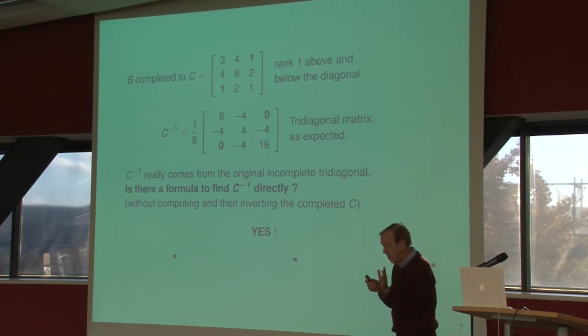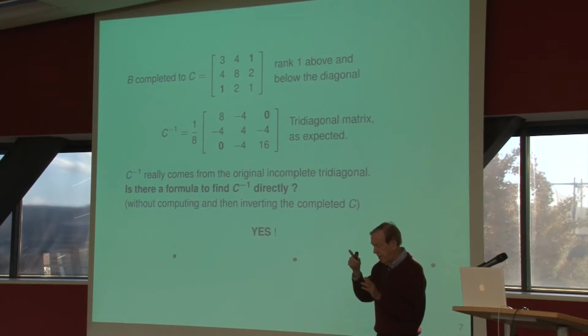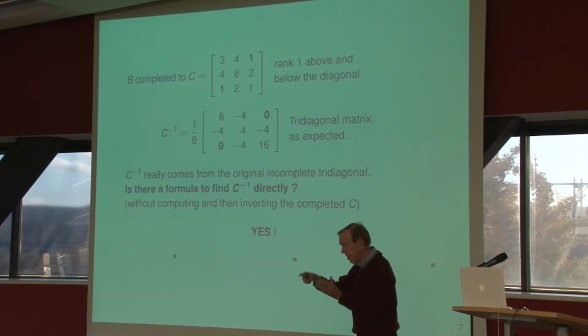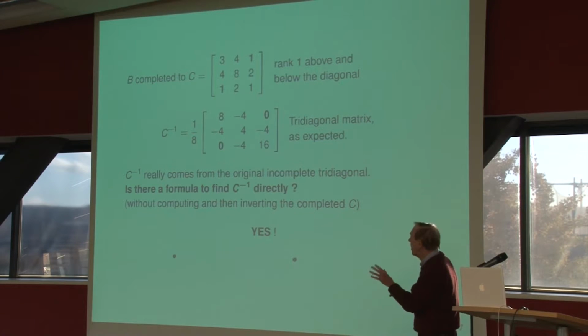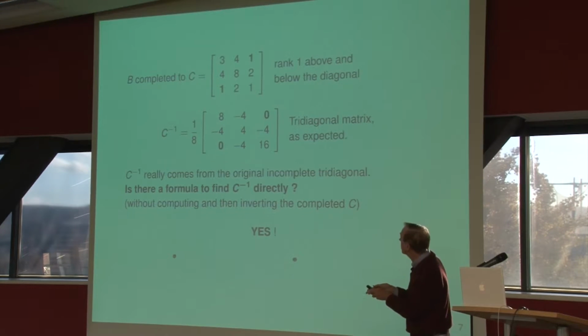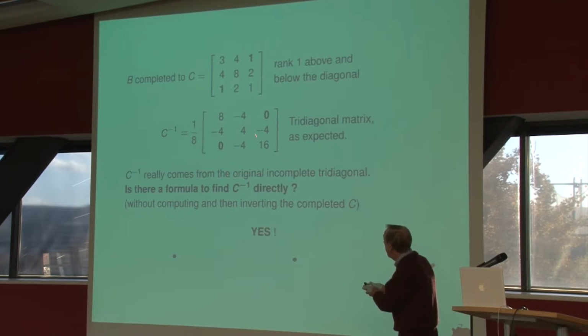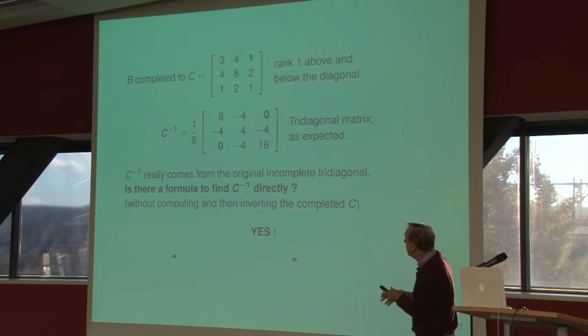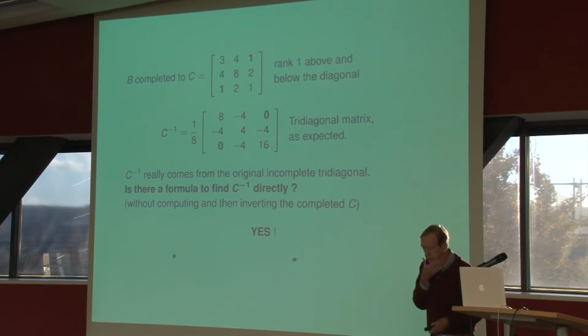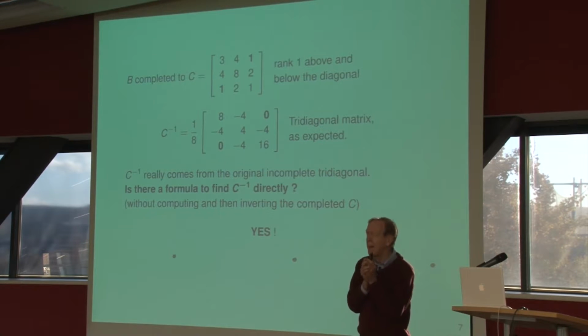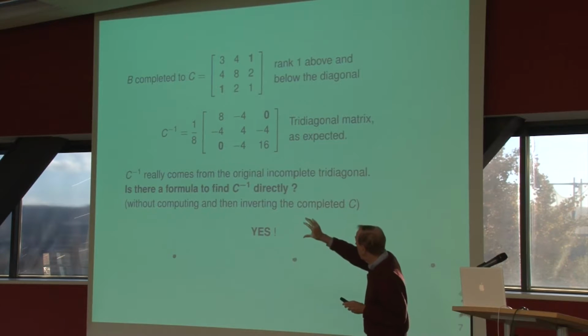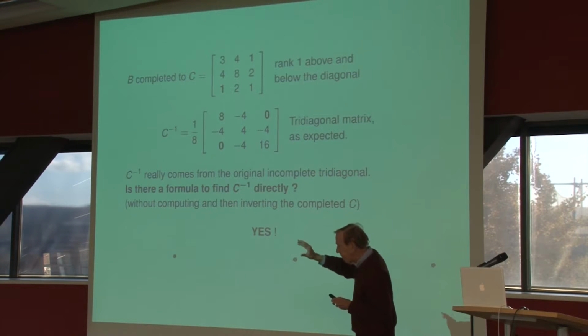Do we have to take that intermediate step of completion and inversion, or could we go directly from the original tridiagonal, which was just these three diagonals, to these three, without the completion step? And the answer, you see, is yes.